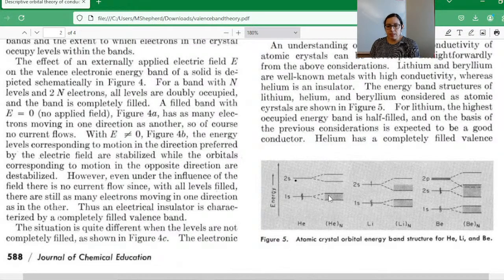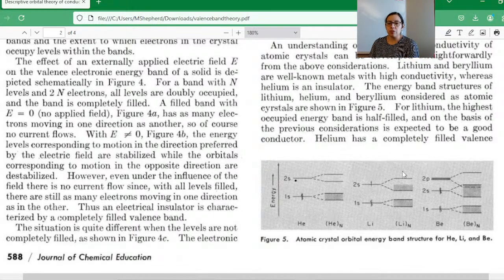So it's basically saying that this would be completely filled up here with our bonding and anti-bonding, so kind of back to why helium diatomic doesn't exist. And so it has our completely filled gap here. And then this is much too large. So helium is an insulator.